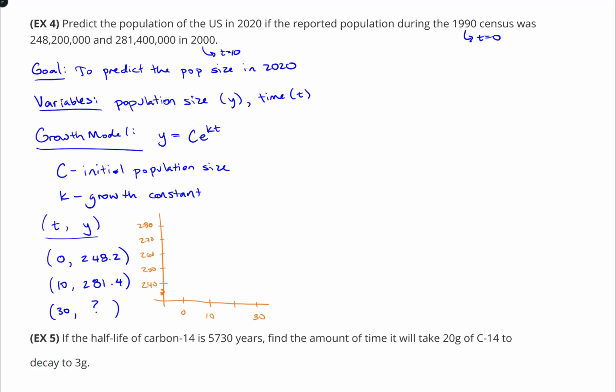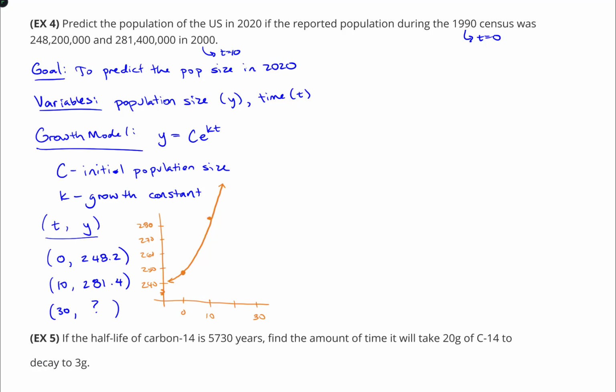Okay, so I have one data point, 0, 248, so it's like right there. The next data point is 10, 281.4, which is way up here. And then 30, it's going to be clearly higher. I guess I should have scaled this a bit differently, but the idea is there's going to be some exponential function which fits through this model.